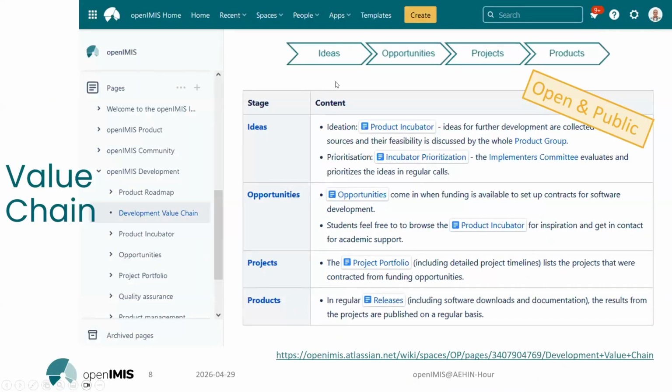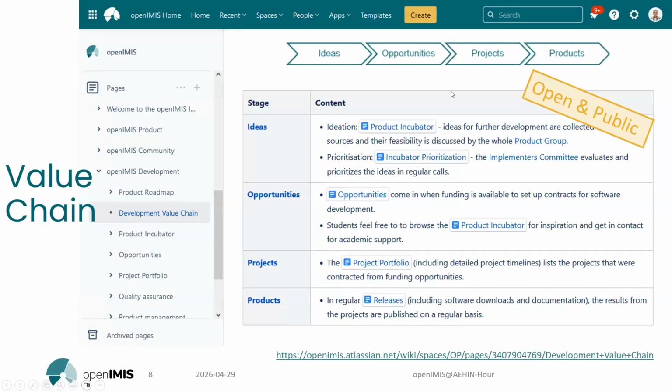Basically, we have a value chain, which is not really a fixed roadmap where we plan things ahead of time, because we're also very much bound to funding. But we are trying to incorporate ideas from a very early stage, to keep that in our incubator, to have people see that there's interest in certain functionalities.